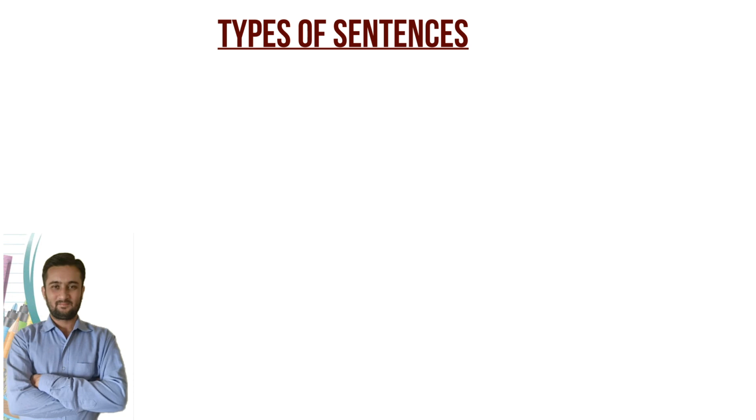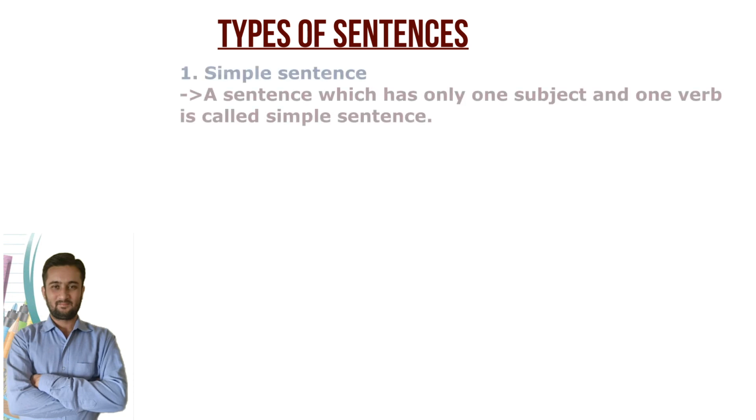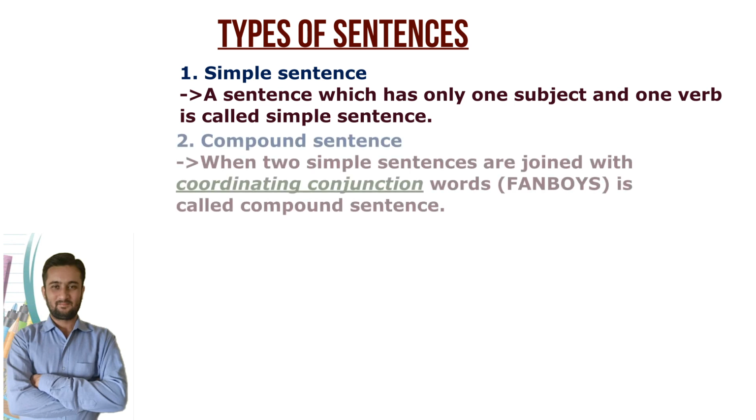So friends, I am sure now you have understood about these four types of sentence. In simple sentence, one subject, one verb, and that is independent clause. And in compound sentence, two simple sentences, both are independent and they are joined with a coordinating conjunction word, fanboys. Third one, complex sentence.